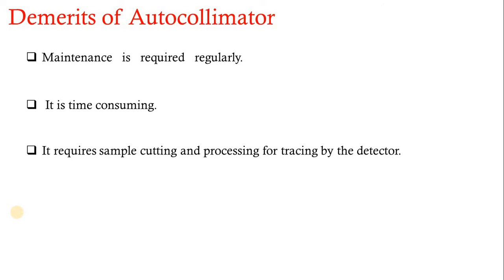We use visual autocollimators and optical autocollimators. If we are using visual autocollimators, then whatever readings we are getting, we have to trace to the angular measurements. In optical autocollimators, we are getting the direct result based on the reflection of light.